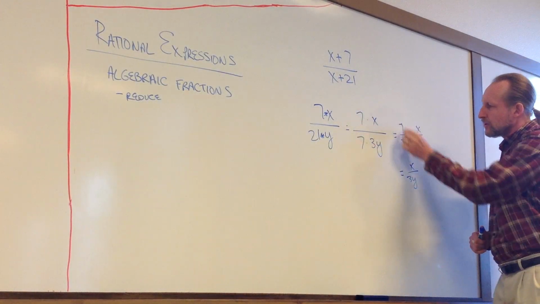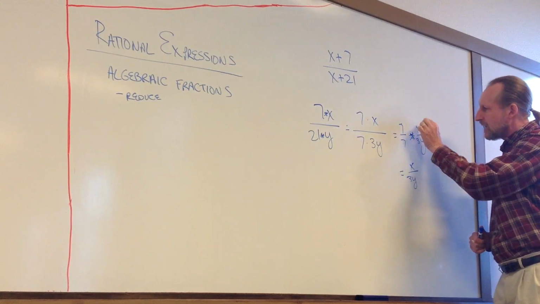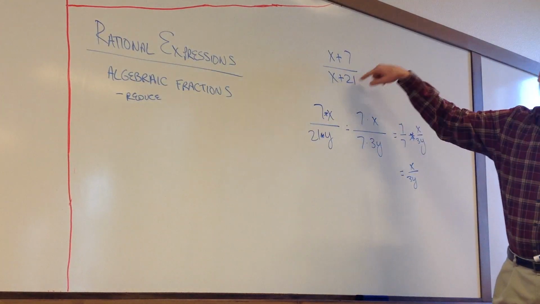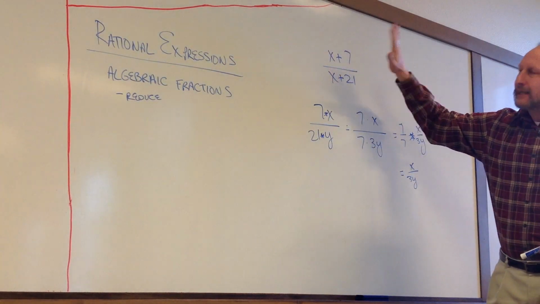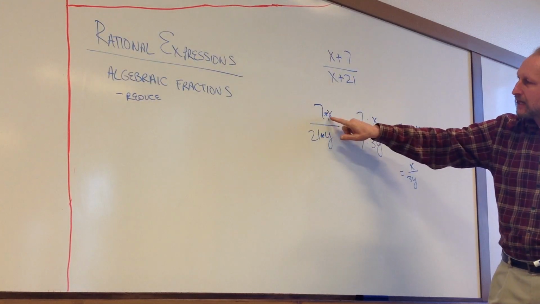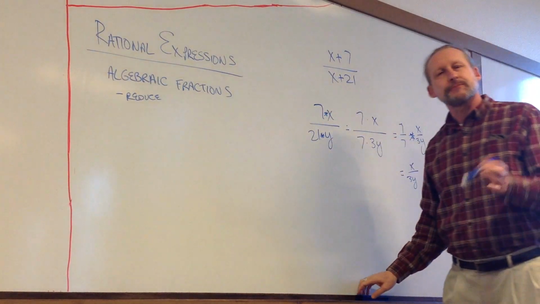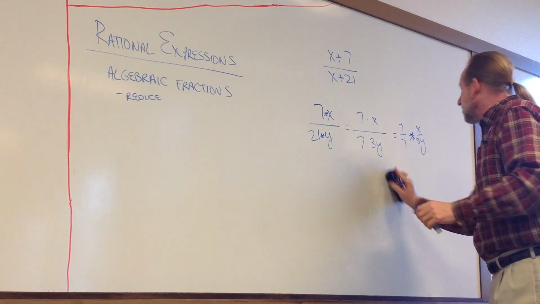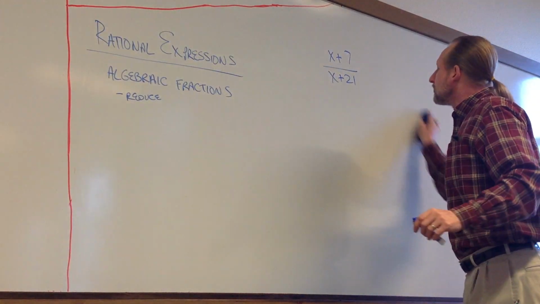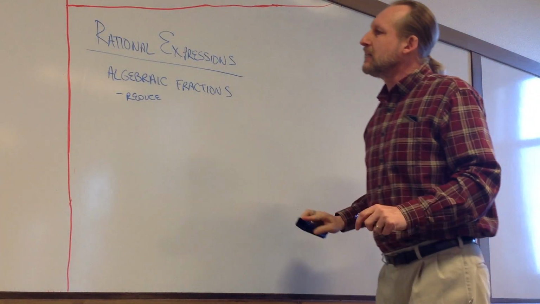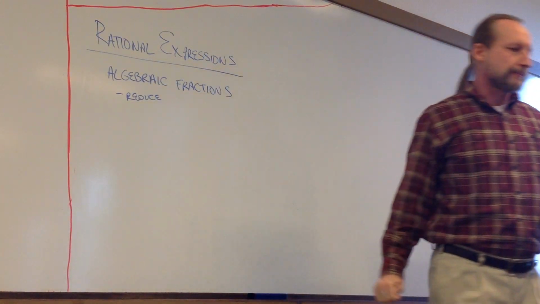And so this is all about 7 over 7 times x over 3y. That's not what's happening in the other one. That can't be reduced. This can because it's all about multiplication. That's a fundamental idea when it comes to reducing fractions to lowest terms: it's all about multiplication.